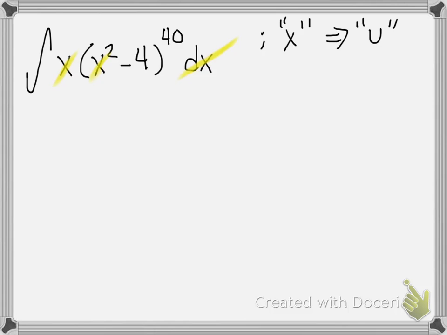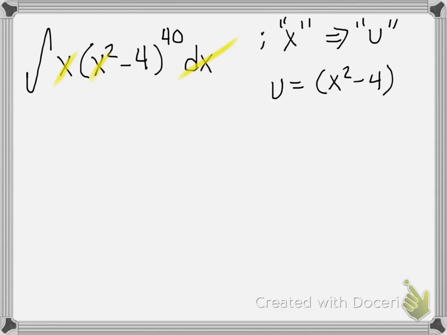As far as figuring out a u to use, the more problems you do, the easier it'll be to pick a u. So for this, let's just set u equal to the x squared minus 4.